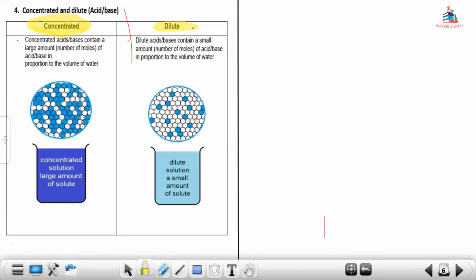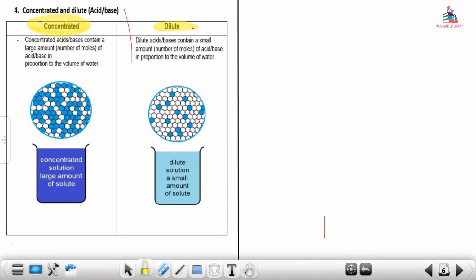Previously, I did not have this slide, but when I went into the assessment guideline, I went into the mistakes that most of us are making, which is that we want to classify concentrated with strong. We want to classify weak with dilute. That is not how it is.